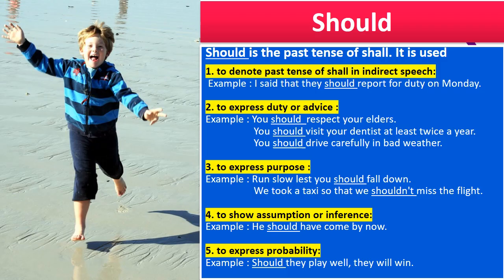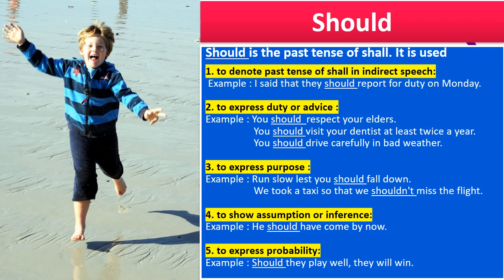Now students, let us learn the use of should. Should is the past tense of shall. It is used to denote the past tense of shall in indirect speech. Now students, you must have learned reported speech where you change direct speech into indirect speech. There you must have seen your teachers telling you that shall changes into should.